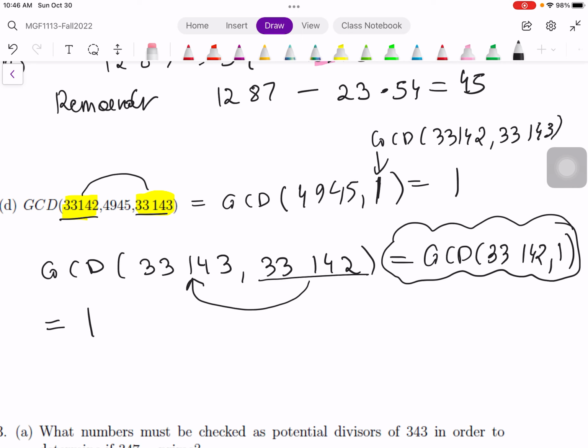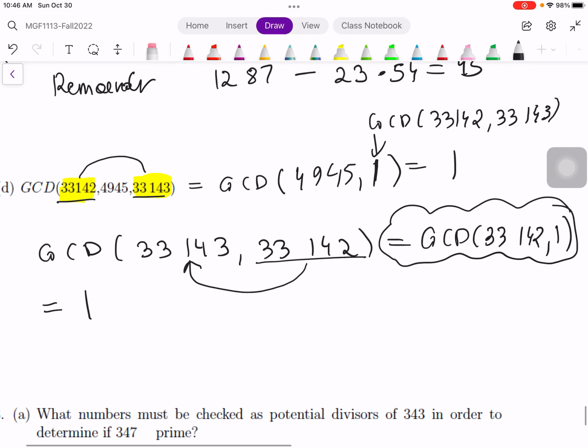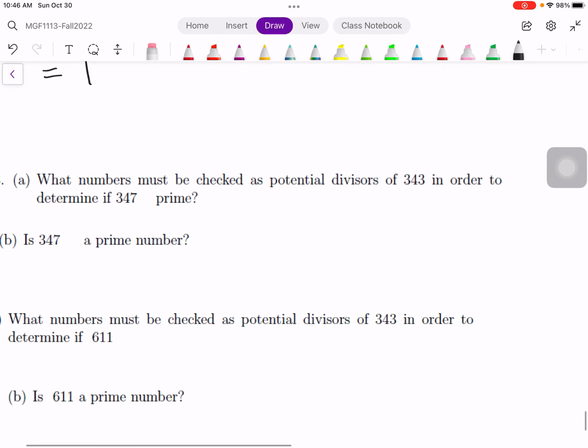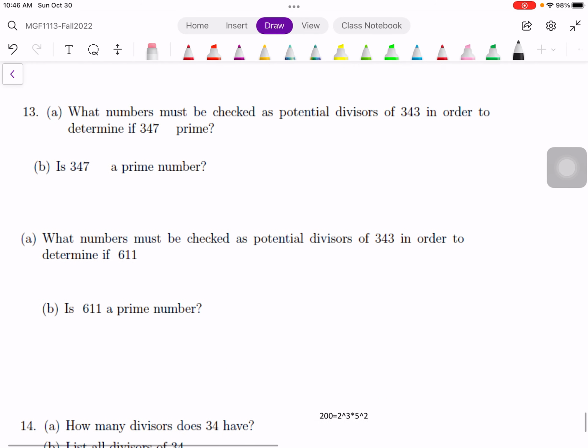So regardless of how many numbers you have involved in this string, if two numbers there are consecutive, meaning they're 1 apart, that will make the greatest common divisor of all this triple to be 1, because the greatest common divisor for the pair that is 1 apart is 1. Okay, so that summarizes this.